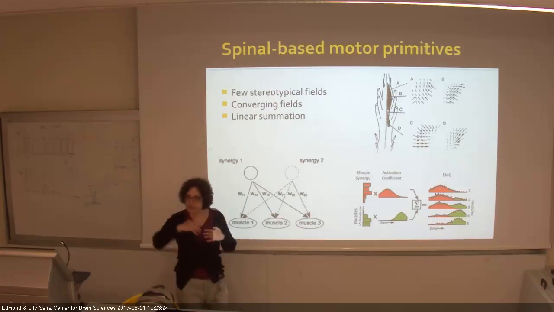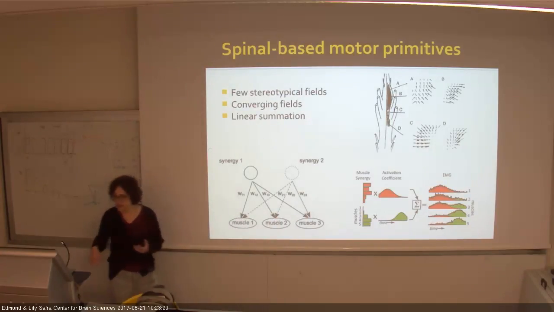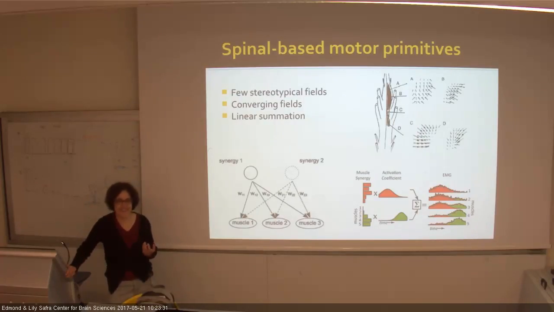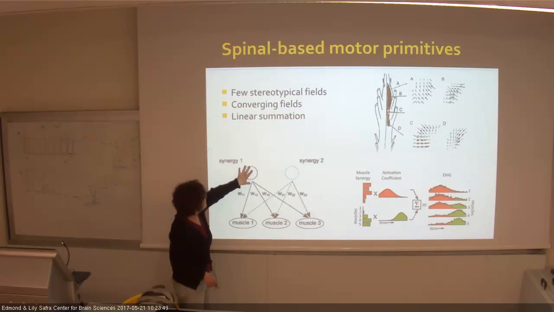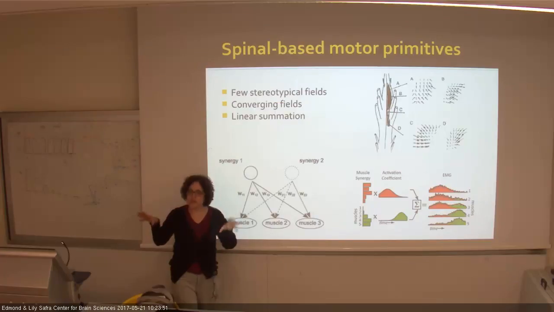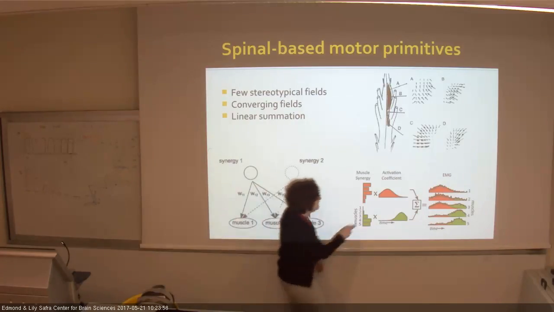Now, it's a bit of a leap going from this frog to the primate, but still, you can think that in the spinal cord we have motor primitives, a kind of building block for action. So in a way, all the motor cortex needs is to send the right signal to these synergies, and each synergy is controlling a set of muscles.